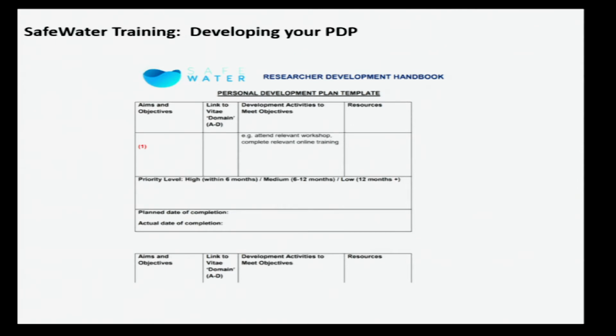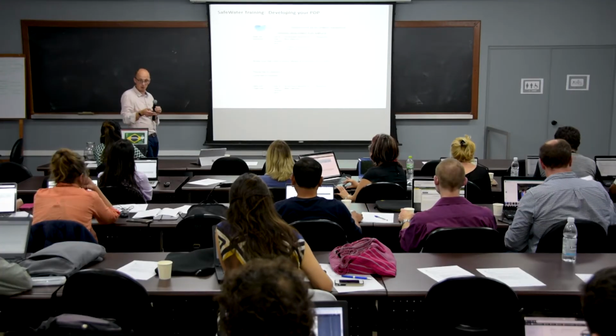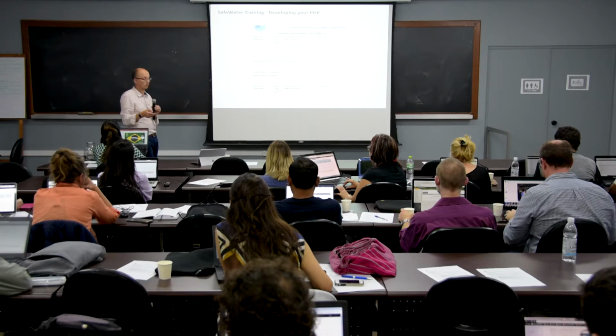So I've given an example. Maybe you want to develop your presentation skills. Okay. Maybe to do that, you want to attend a workshop, you want to do online training, whatever it is, it's personal. Okay.